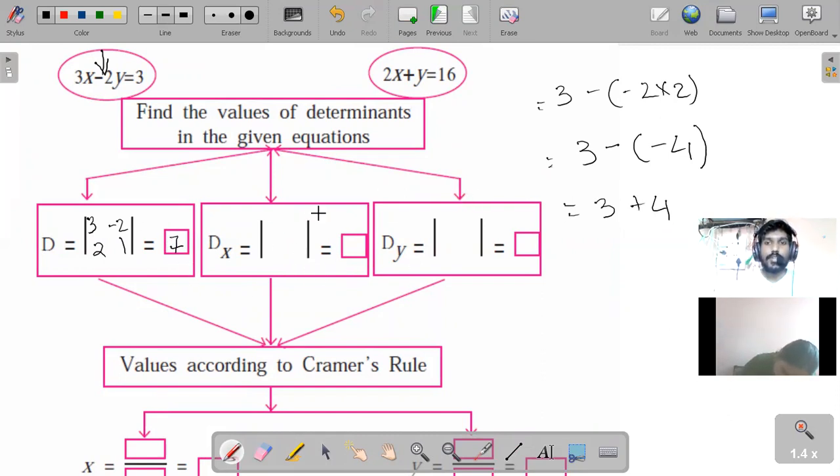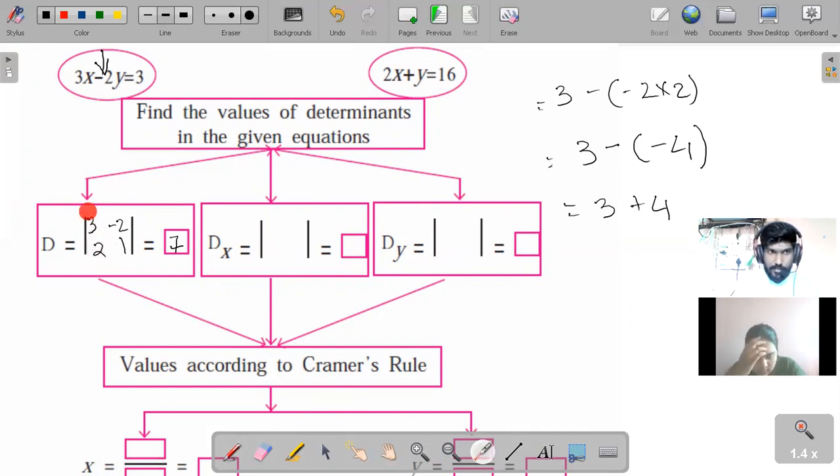Now can you tell me what to write here? Okay, write this first. Dx will be 3, 2 and 3 and 16. For dx, we replace the first column.